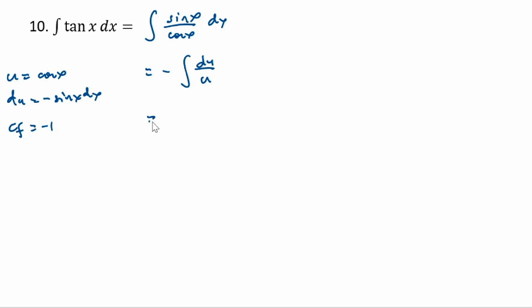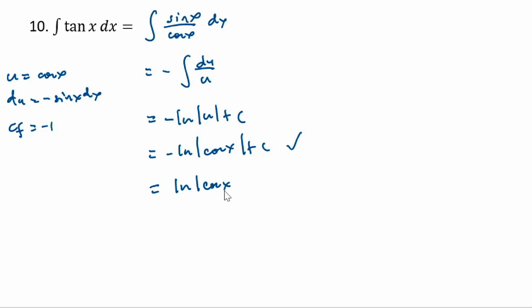So integrating that one, we have the negative ln of the absolute value of u plus a constant. So rewriting the given again, negative ln of the absolute value of cosine x plus a constant. So you can stop here, or by applying the property of logarithm, we can write now as ln of the absolute value of cosine x to the power of negative 1 plus a constant.